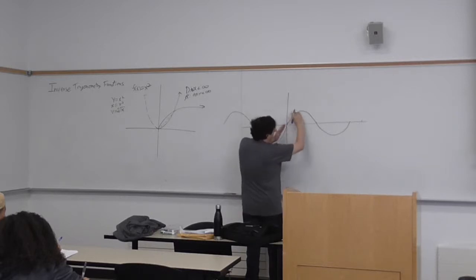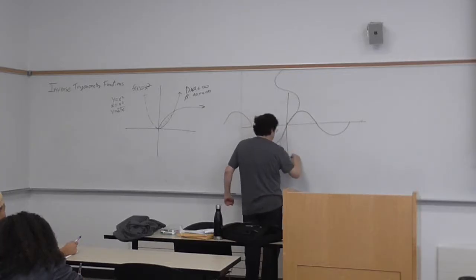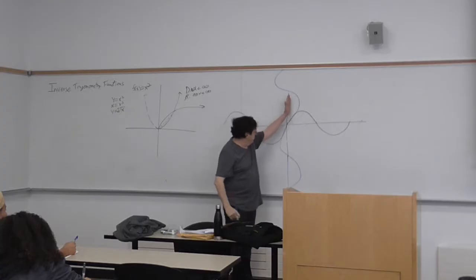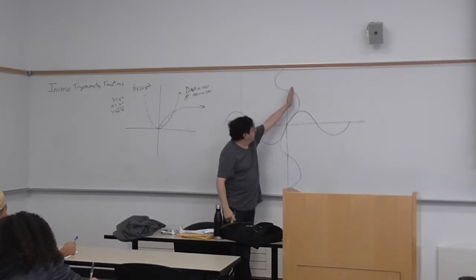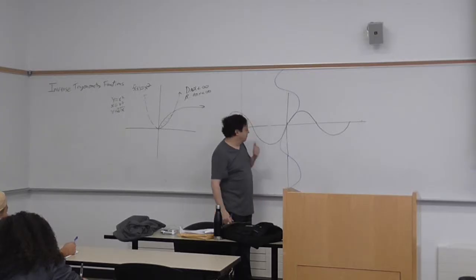Instead of going in this direction, we go off in these directions. Not drawn very well, but you can see immediately it's going to fail the vertical line test very badly. It's not at all a function.